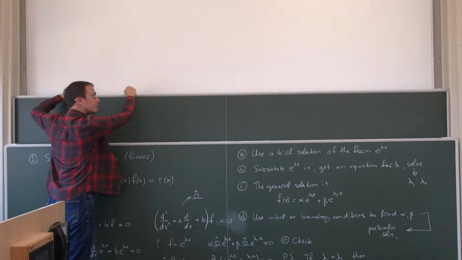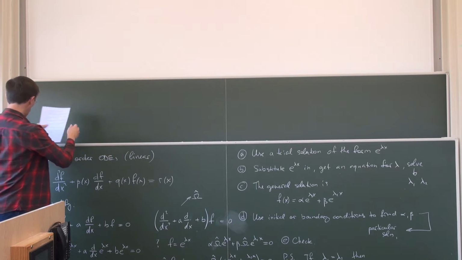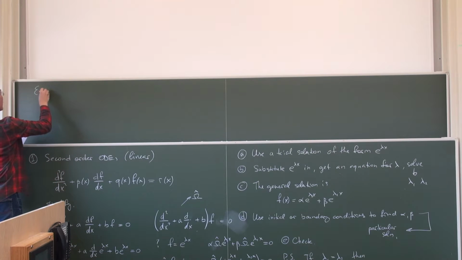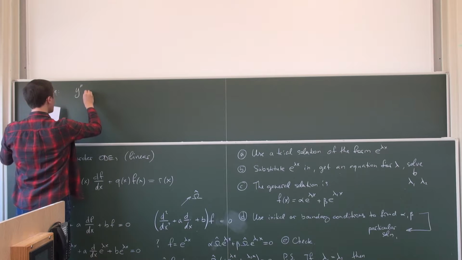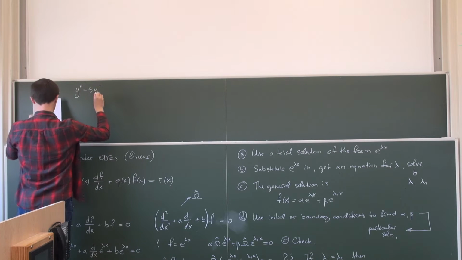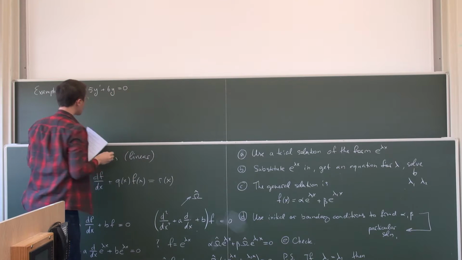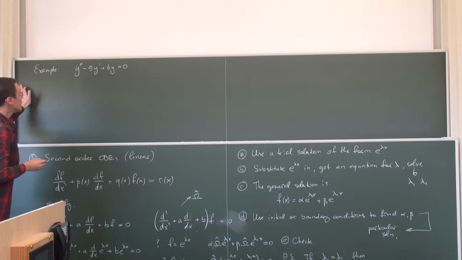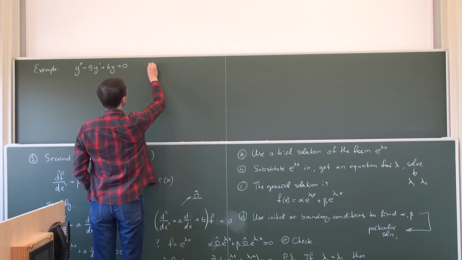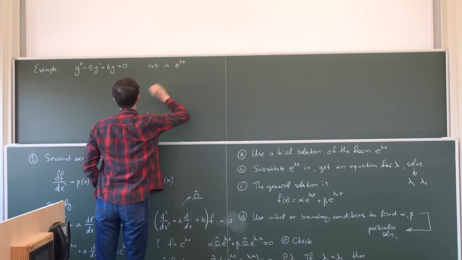Okay, example. In your handout, there's a lovely equation: y double prime minus 5 y prime plus 6y equals 0. Well, following the flow chart, so sub in e^(lambda x).